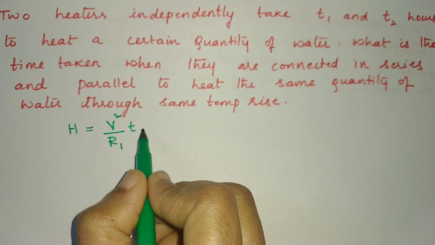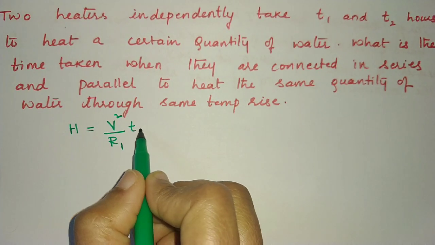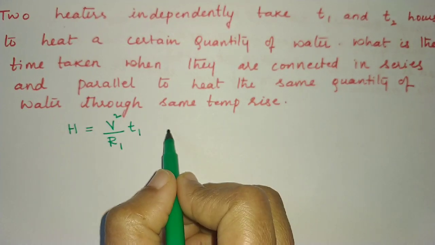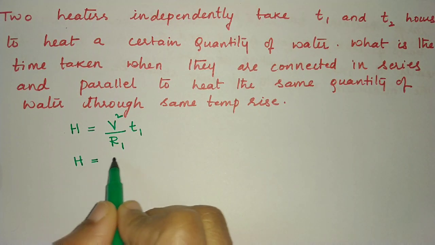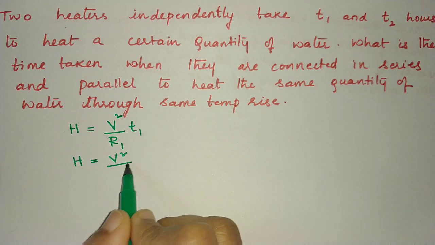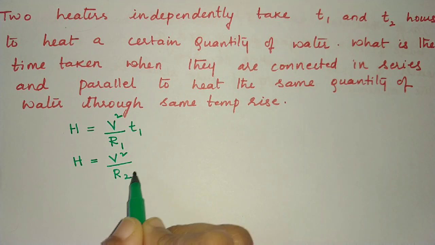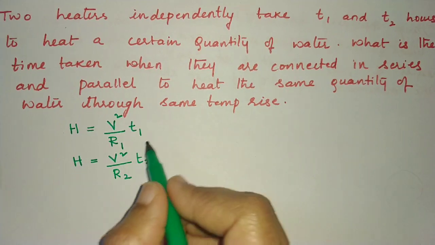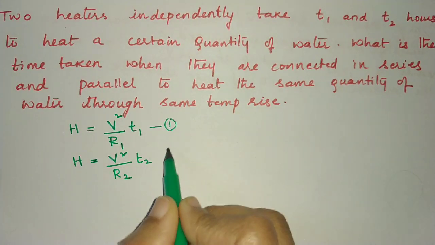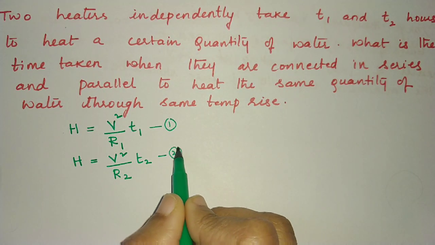Similarly, the same heat from the second heater, with resistance R2, is V square by R2 into T2. V is the voltage at which you are operating. Call these equation 1 and equation 2.